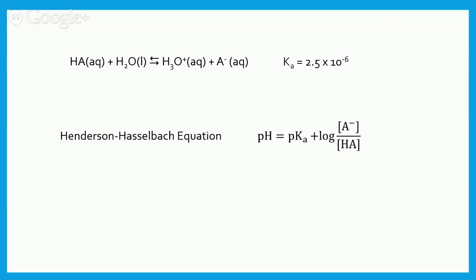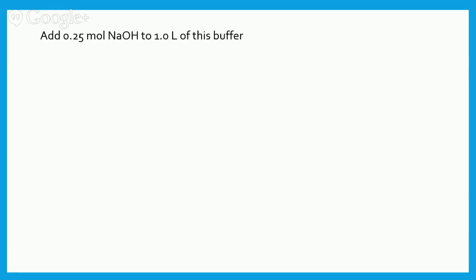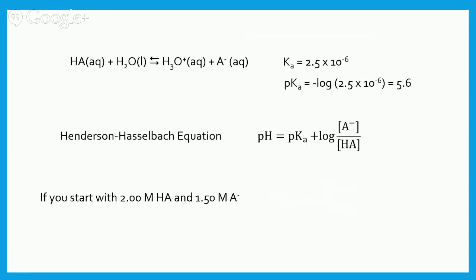So you just need the pKa, which, again, P anything is the negative log of that thing. So the pKa is the negative log of the Ka. So for this acid, its pKa would be 5.6.